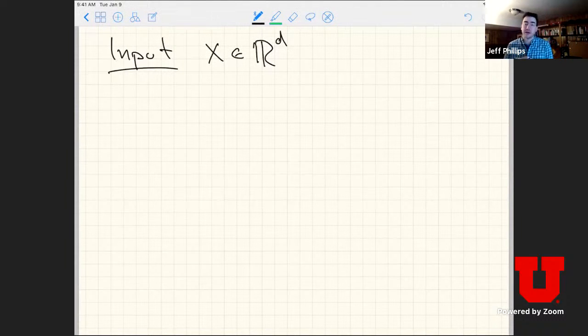This is typically how you think about it. You have points X = x1, x2, up to xn, right? Each of these is an element of R^d, a d-dimensional point.